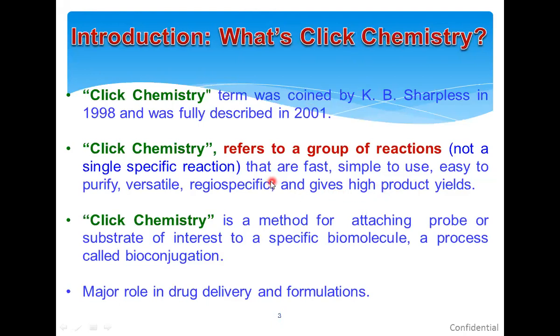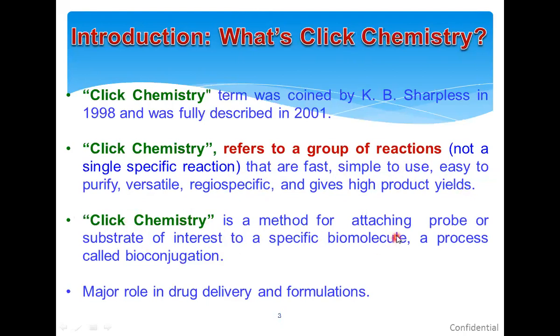It refers to a group of reactions which are fast, simple, and easy to purify the final product. It can be applied over a wide range of different applications, and it's regio-specific, which means it gives only one special product. And overall, the yield is very high for the end product.